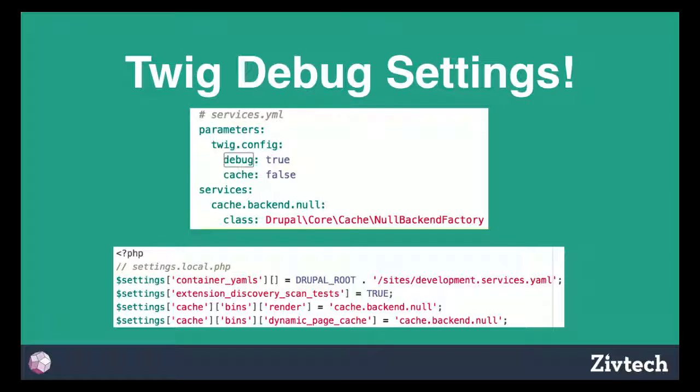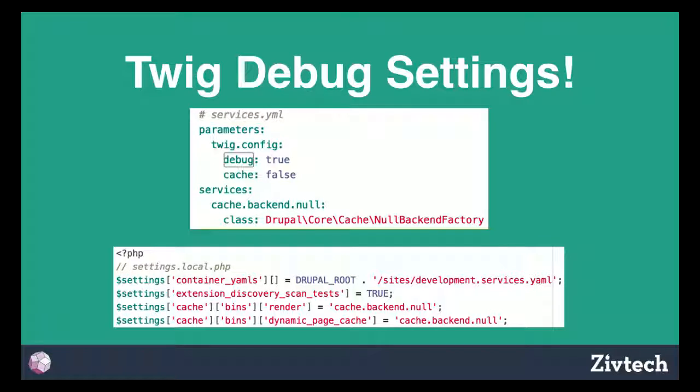Twig debug settings. Again, like I said, Twig will magically create PHP files for you in the background, and it caches those, and Drupal by default does a bunch of render caching. So if you don't put your site into debug mode, it can be really frustrating to have to do a cache rebuild.